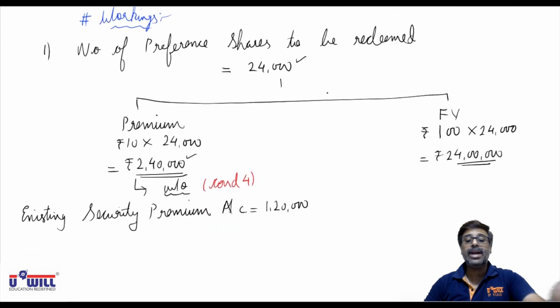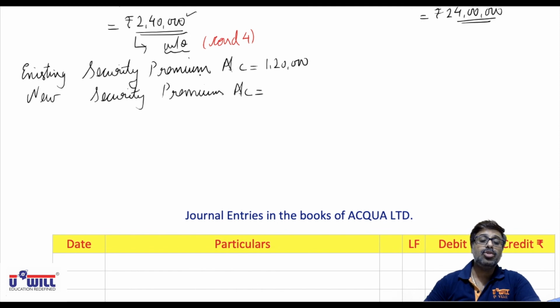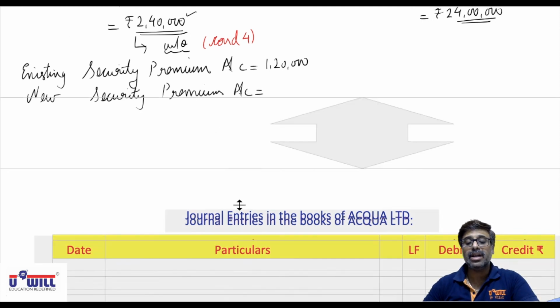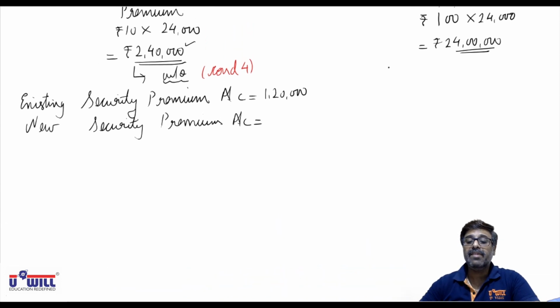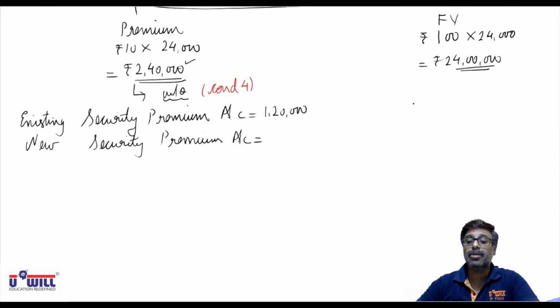We are going to get new premium, so we will wait for it. Maybe that new security premium is sufficient to write off this premium of 2,40,000. So right now we cannot use the profits of the company for the same. We first solve the face value part, then we come down to this new security premium account.